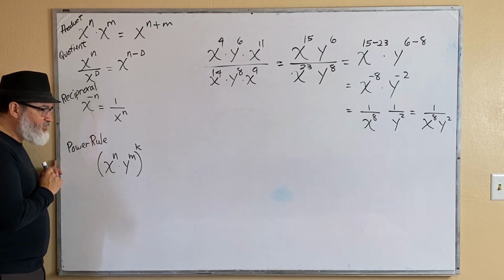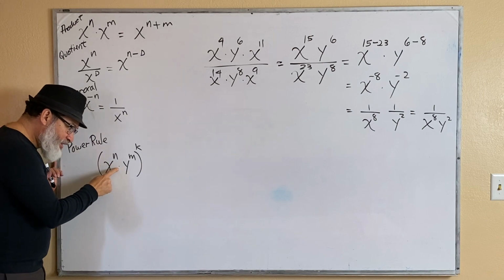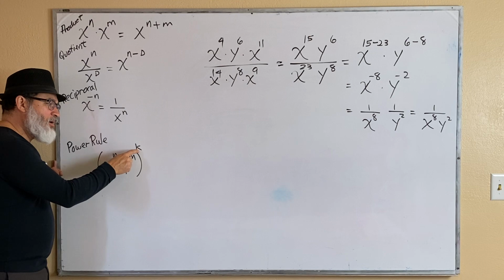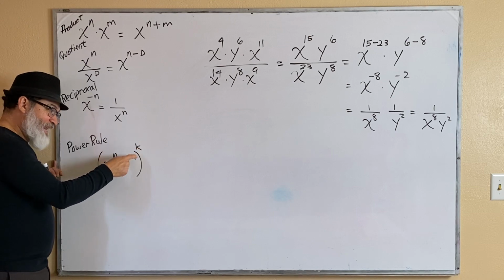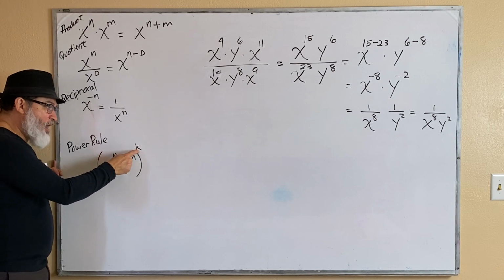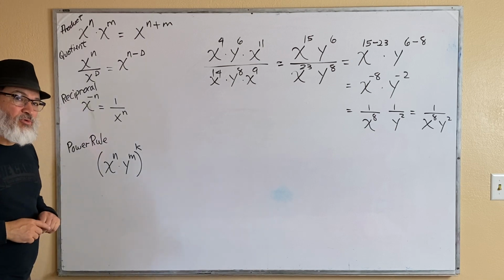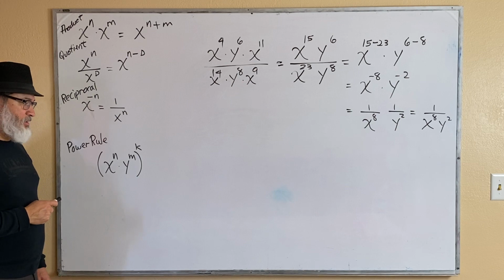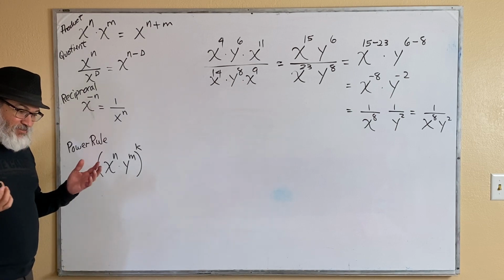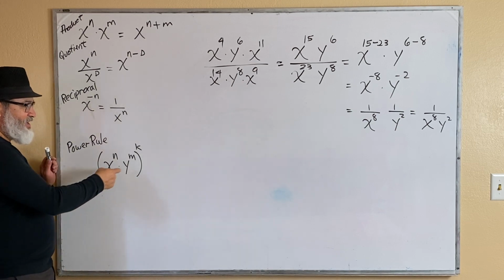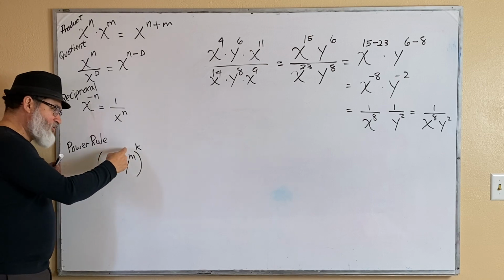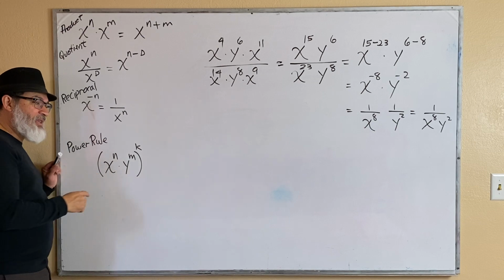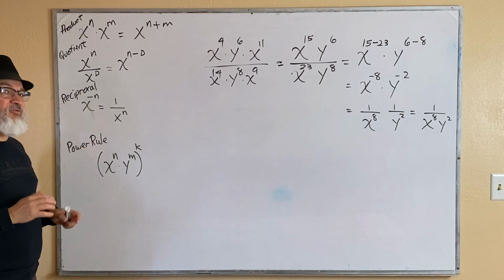Okay. When you have a product in the house and you have a power, and everybody is being raised to that power, here is the rule. We multiply the powers. Okay. The way I have explained it in the past is that if everybody in the house is raised to this roof, everybody in the house gets to raise the roof.